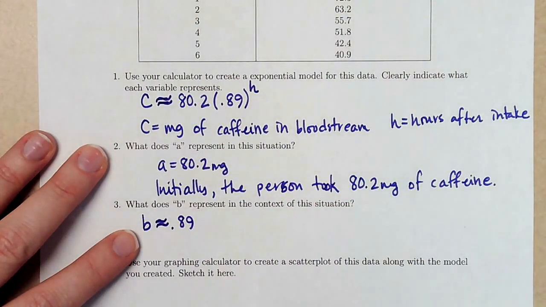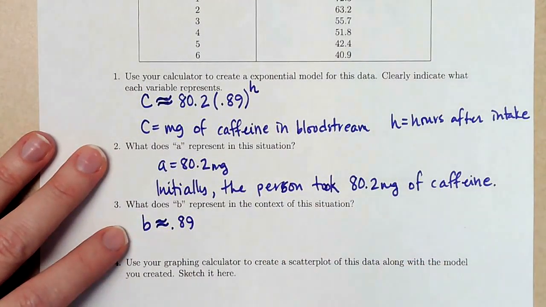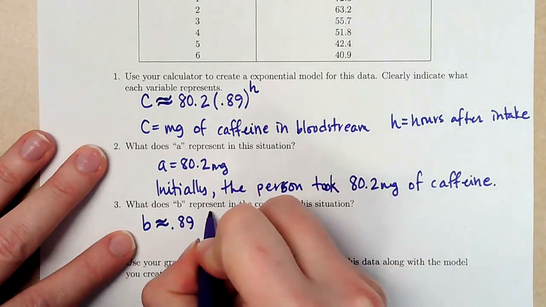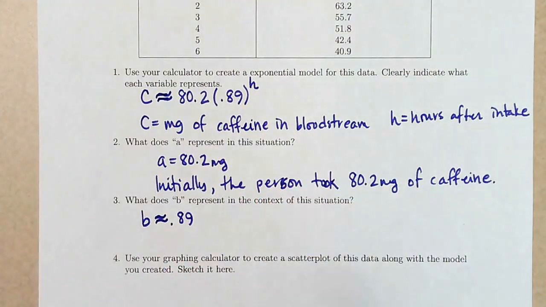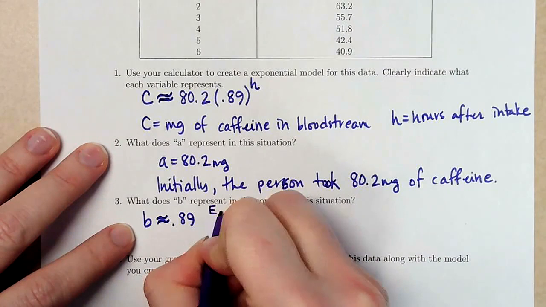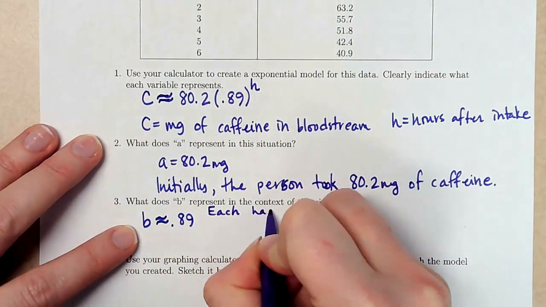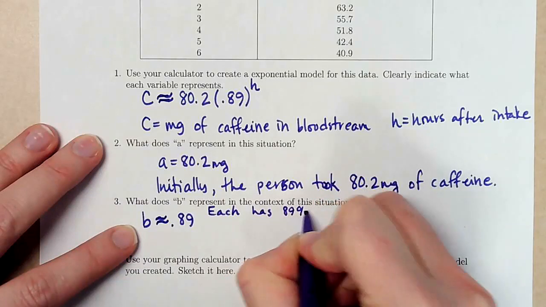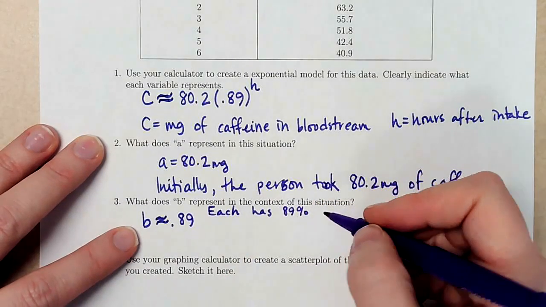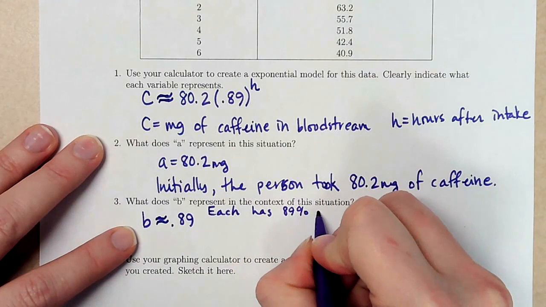What does it represent in this situation? What it really means is each hour, I have ideas here, so I'm going to have to write a little smaller. Each hour has 89% of the caffeine left from the previous hour.